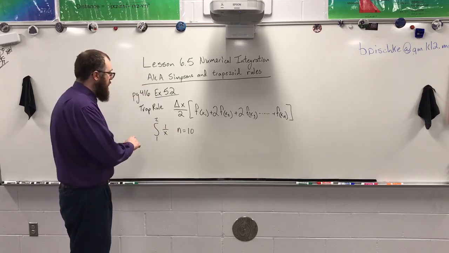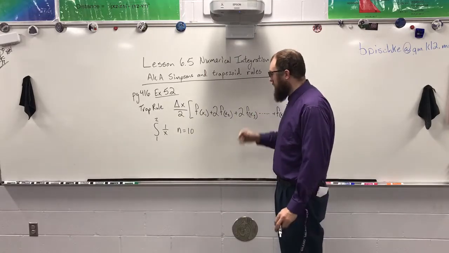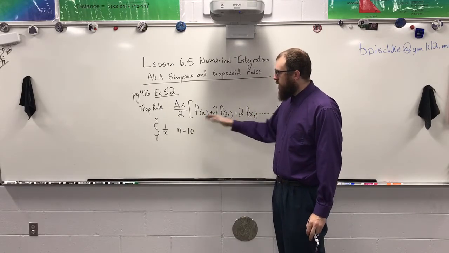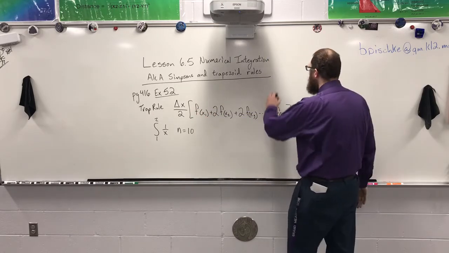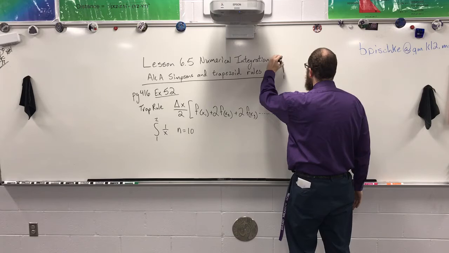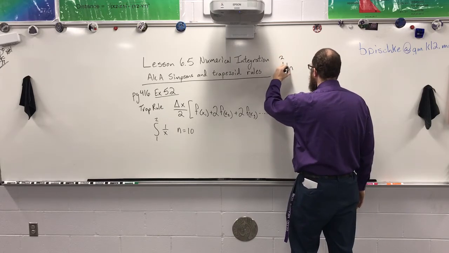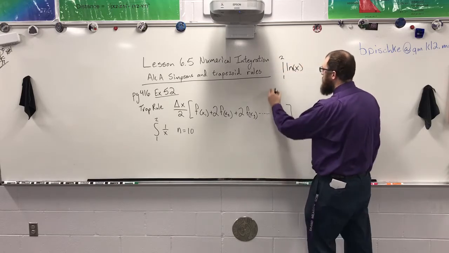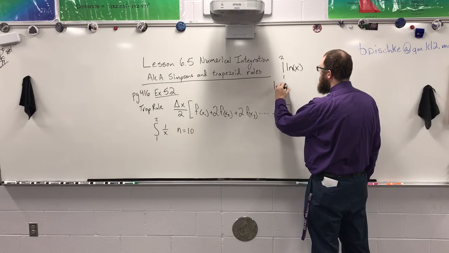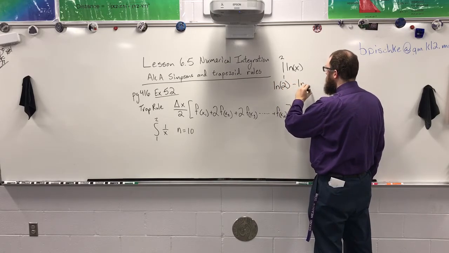Now before we do that, I want to talk about the actual integral. So the actual integral, if you went and calculated it, the integral of 1 over x is ln. So this would be the integral from 1 to 2 of the ln of x, which gives us the ln of 2 minus the ln of 1.